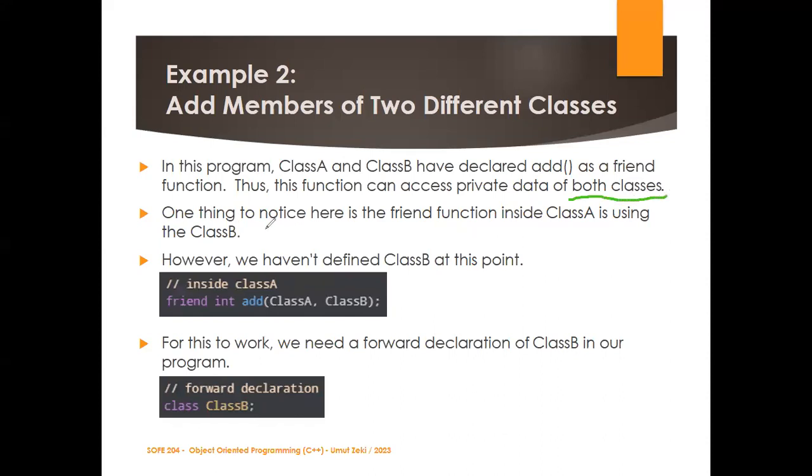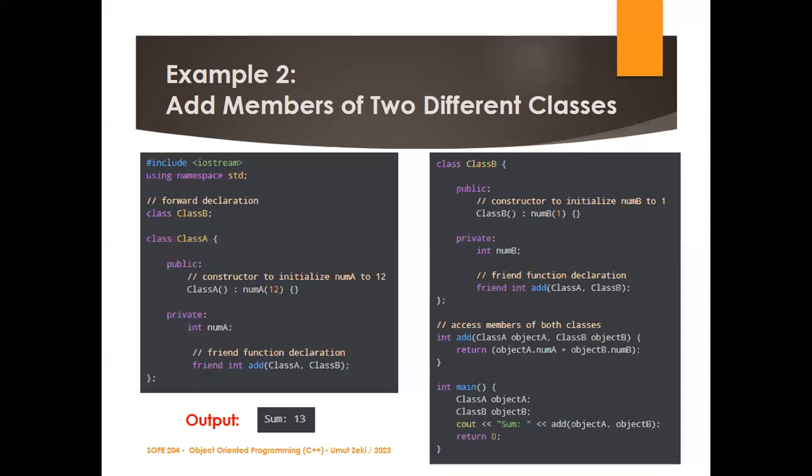The other thing to notice here is the friend function inside class A is using class B. So inside class A, let me show you, we are using class B as well.